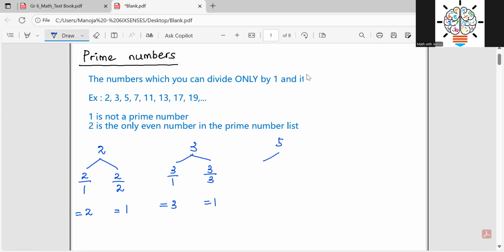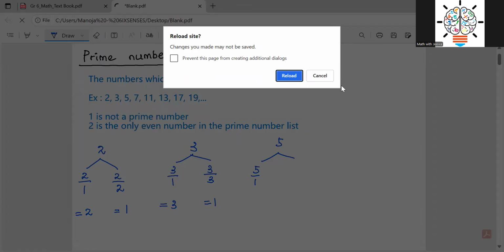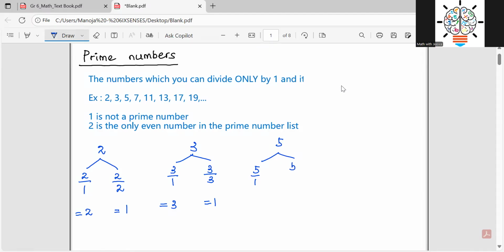If I take 5, I can divide by 1 and by itself, so the answer here is 5 and here it is 1. I take 7: 7 divided by 1 gives 7, and 7 divided by 7 gives 1.